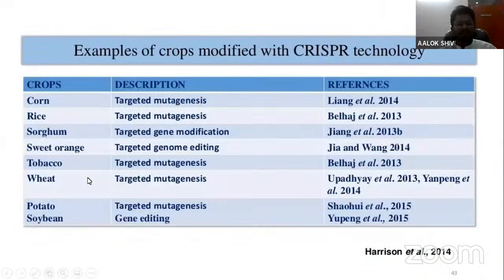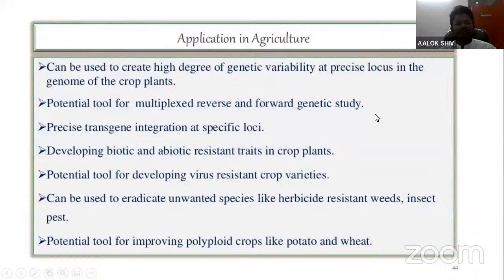So these are the different crops where this CRISPR-Cas9 has been used. If we see the application of genome editing in agriculture, it can be used for creating a high degree of genetic variability at the precise locus. Say, for example, with the help of this, we can target even a single gene.